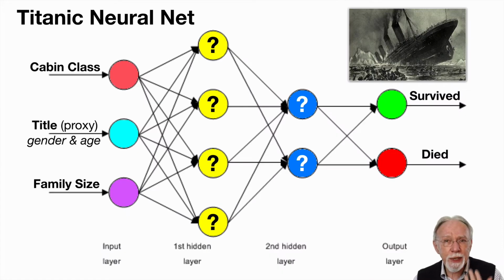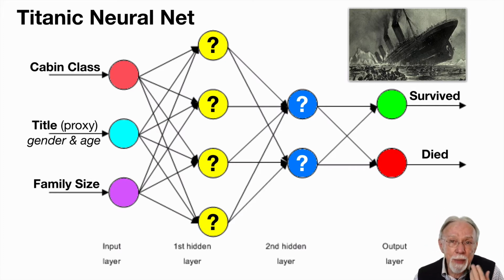So let's relate that to a machine learning neural network. And let's use the Titanic example from data that predicts whether a passenger would survive or die. So on the left, we have a column of input neurons and numerical information such as the cabin class, first class, second class, the title, and there'd be a number for that.